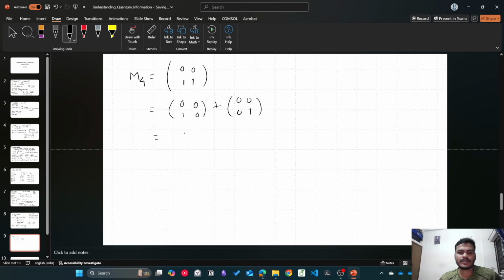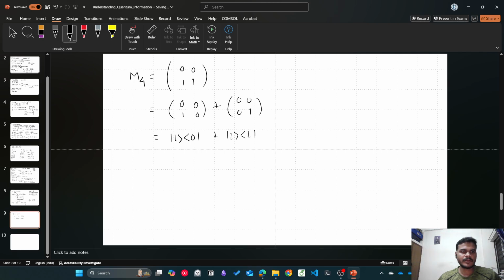If you see the outer product here, this is our 1, 0 position, row and then column. So row is 1, column is 0. Only here 1 and 1. So M4 can be represented as the outer product summation of 1, 0 and 1, 1, right? So that's it. This concludes our deterministic operation.